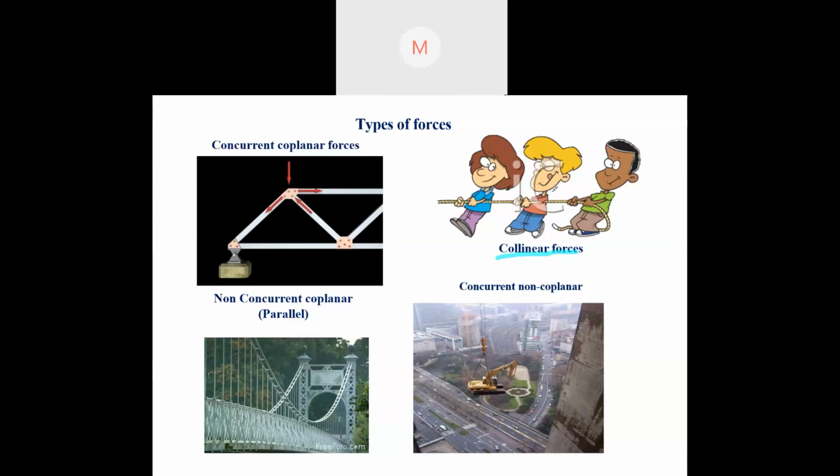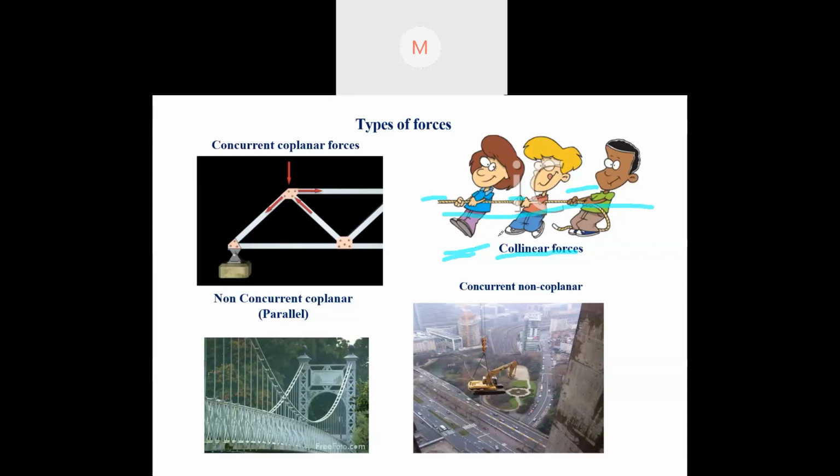So if you see this rope pulling game, what happens? This girl is pulling the rope, this boy is pulling the rope, this is pulling the rope. Yes or no? That means this force is being applied on the same line.